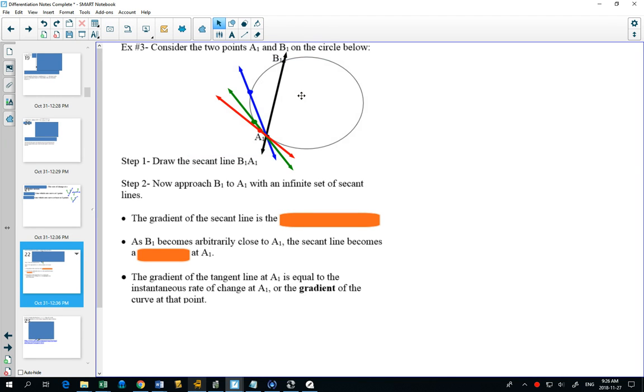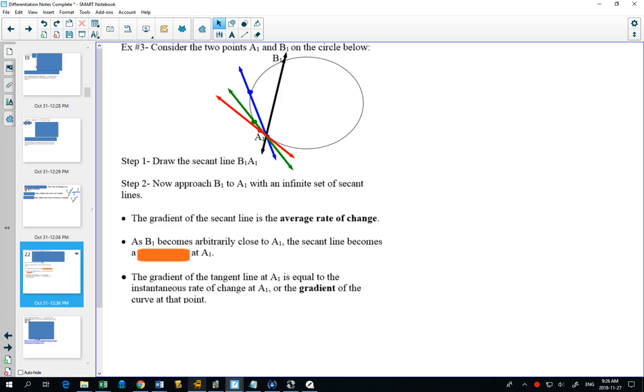So if you have 2 points, and we have it on a circle, but if we have 2 points on any function, and if I kept A the same and kept moving B closer and closer to A, we would say the secant line is the average rate of change between 2 points.